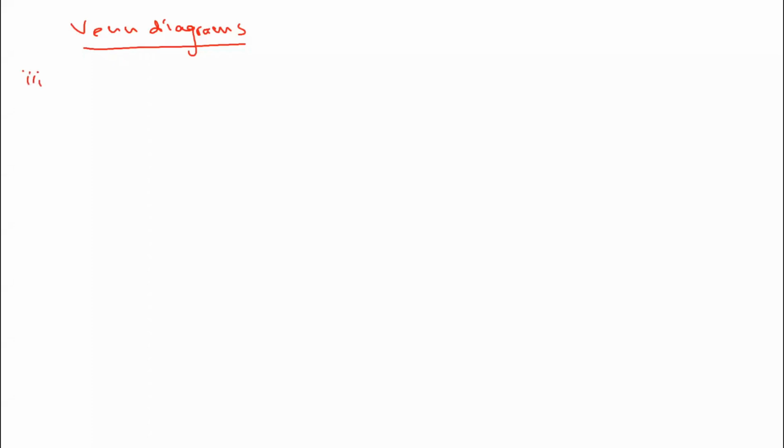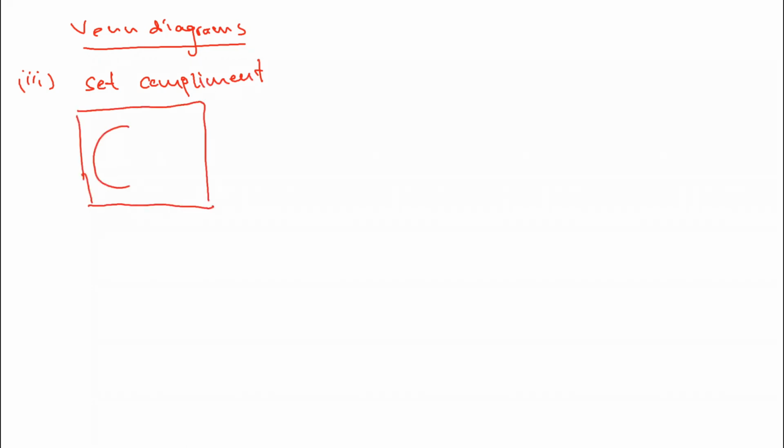The next part is set complement. So how can you represent set complement? This is the event which represents the non-occurrence of the event considered. So if you draw the Venn diagram as A and B, how can you draw A complement?